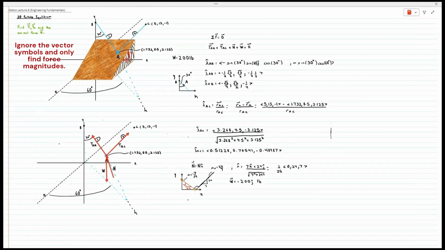Let's go ahead and fill in our equation, where we have Newton's second law with the static equilibrium assumption. Let's put in the tension AB, the tension AC, the normal force, and the weight. We know all the directions here, so let's fill in all of that information.